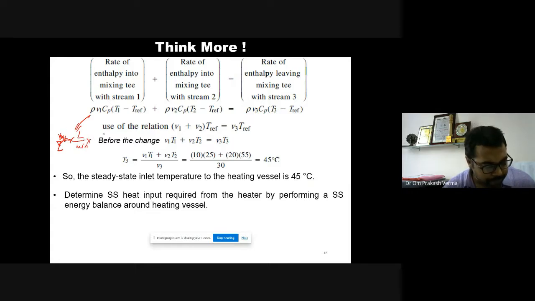What is CP? This is the enthalpy. Yes or no? Specific heat है ना? बताओ भाई.